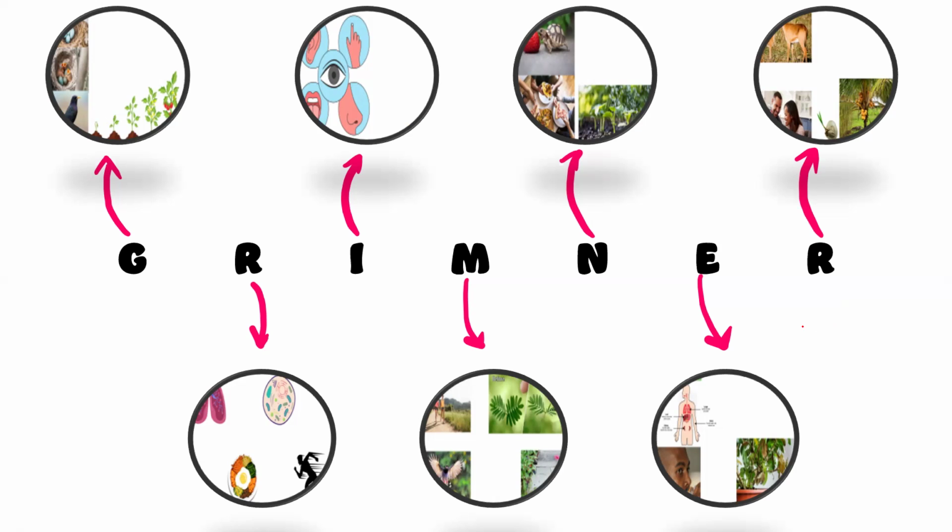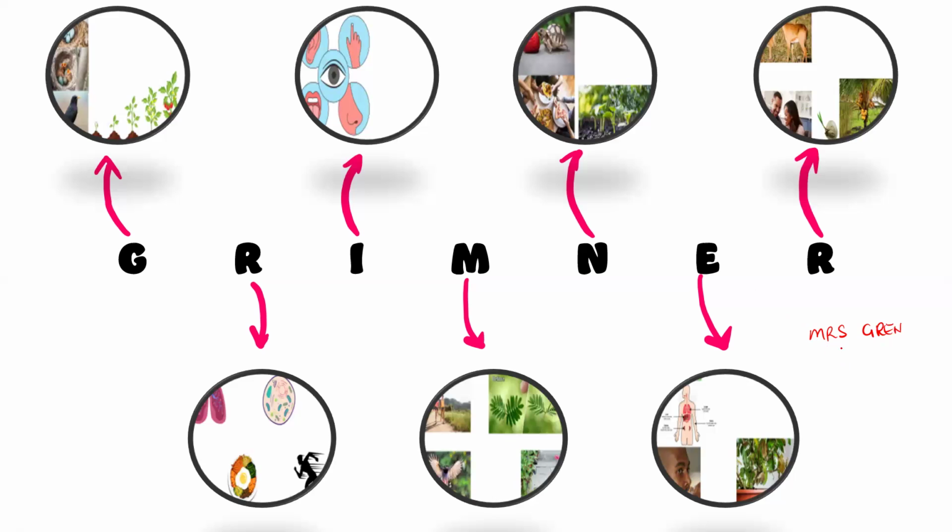Now, according to where you get your information, sometimes you may see it represented as Mrs. Gren. Mrs. Gren and Grimner is the same thing, just a rearrangement of the letters. What you need to know is that all of these letters represent something.